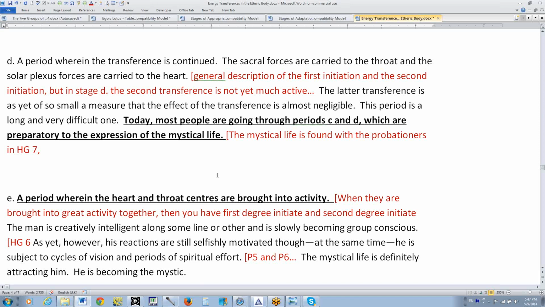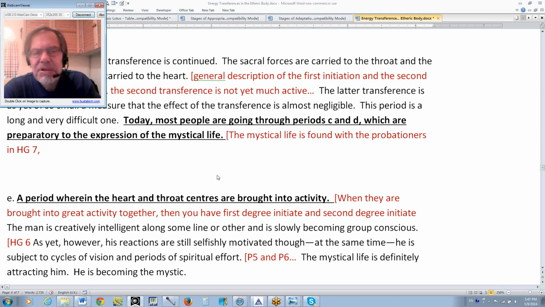For those who are on the line of will, it's love that is most difficult to unfold. And for those who are on the line of strictly knowledge, I believe, ultimately, it is will that is most difficult to unfold.